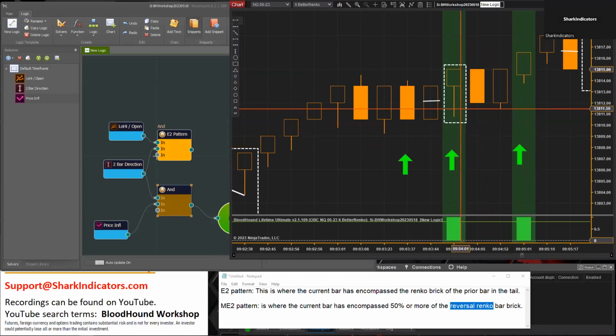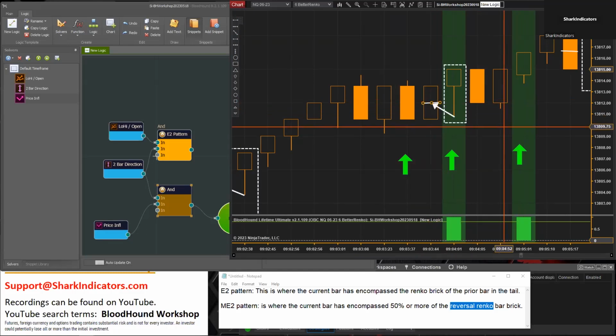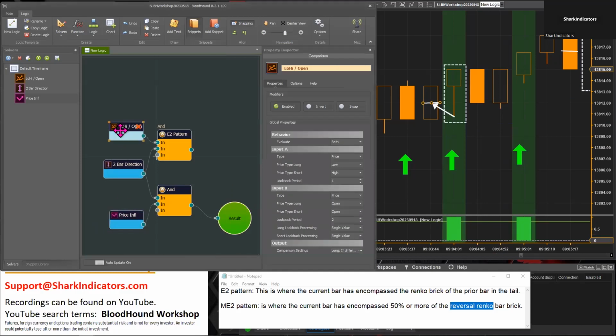So now we need to validate the wick. We need to make sure that this wick is below the midpoint of the brick, or the body. Remember this comparison solver here, which is comparing the low of the wick and the high of the wick to the open.